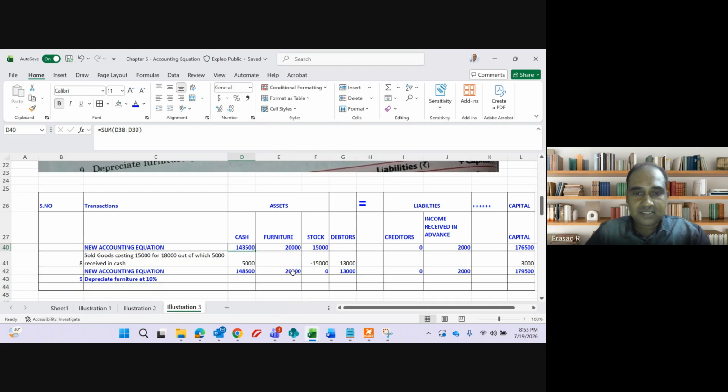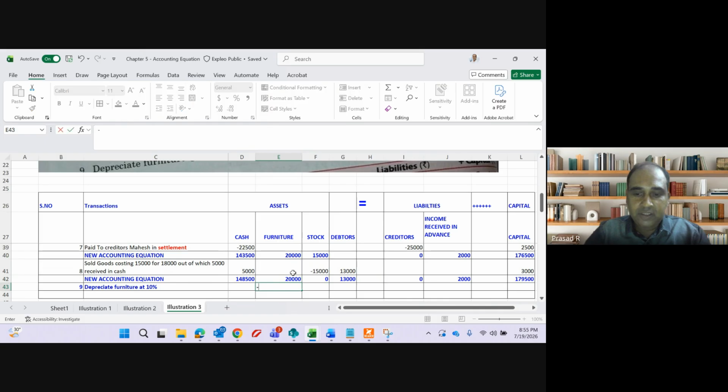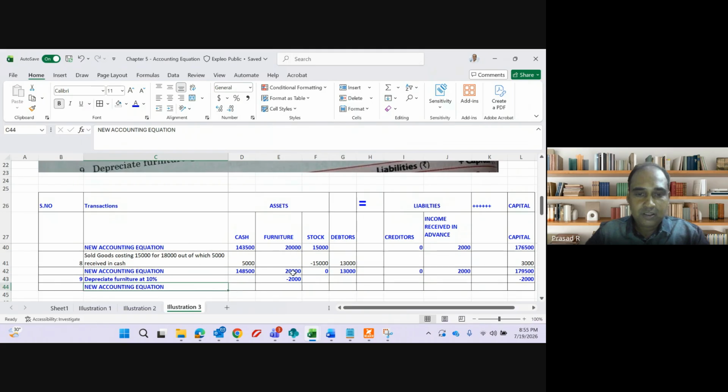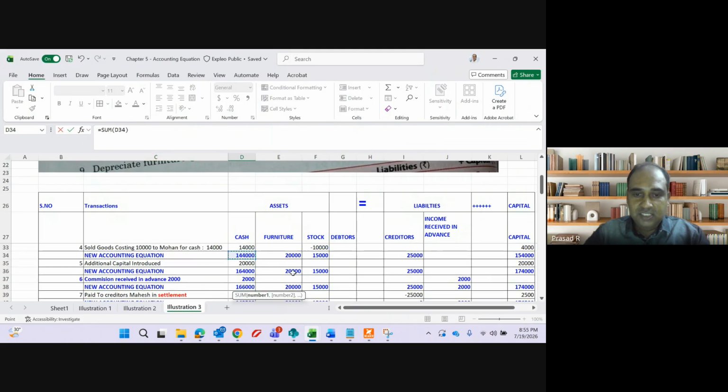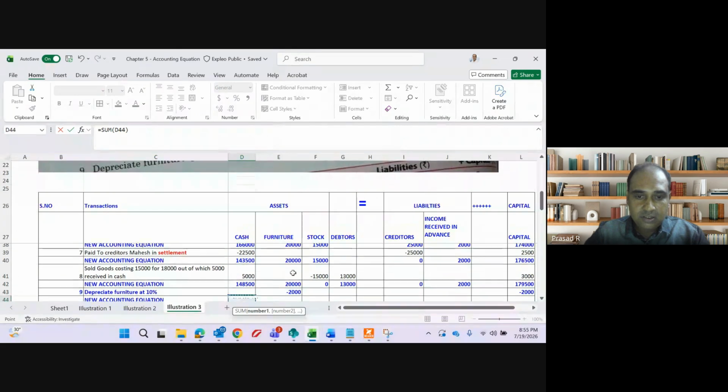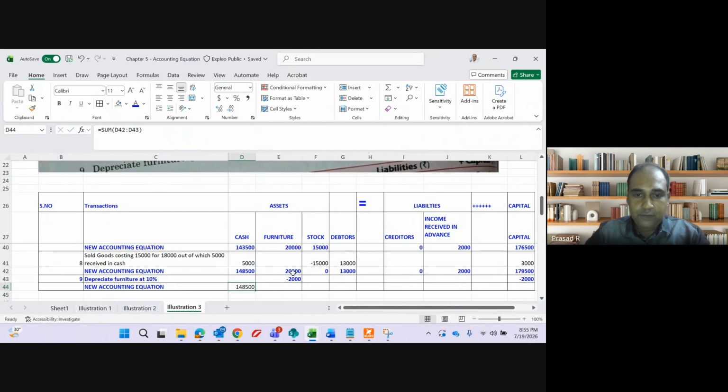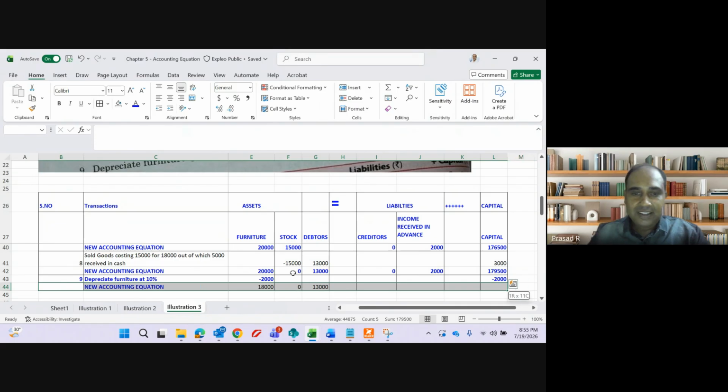So in two places, I will reduce my furniture by 2,000 rupees and also decrease my capital by 2,000 rupees. And the final accounting equation will be: no change in cash, 48,500. Furniture has reduced from 20,000 to 18,000 because of depreciation.